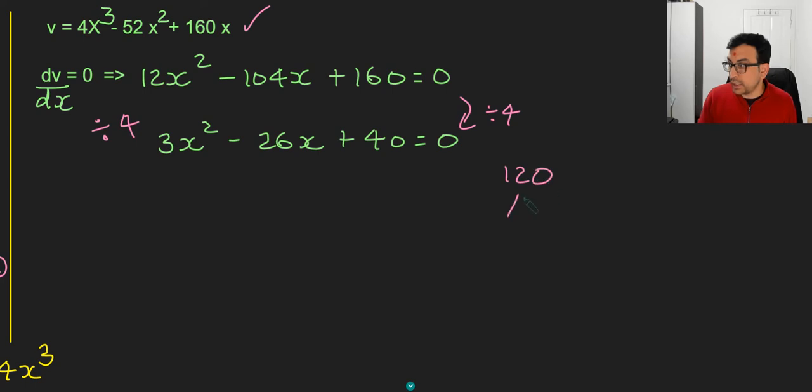And two factors of 120 that give me minus 26 are minus 20 and minus 6. So I found my factors, and it tells me that I'm doing things in the right order. So I'll factorize and get my two x values. I want you to do it whichever way you want, calculator or manual calculation. Please go ahead and do this.